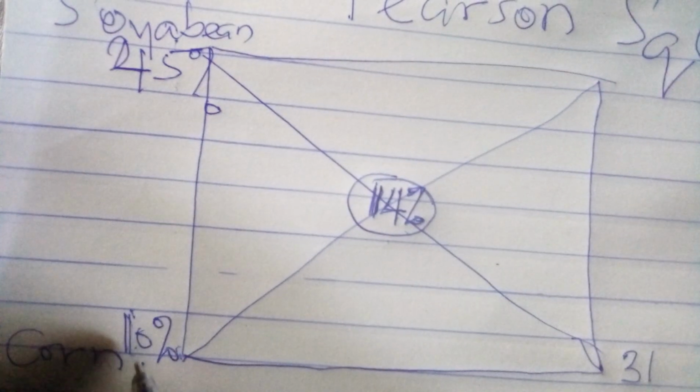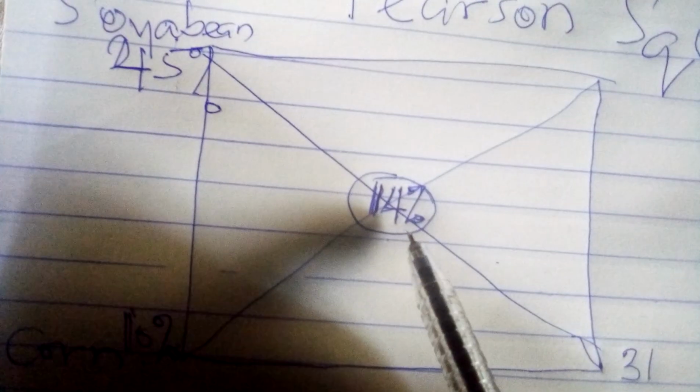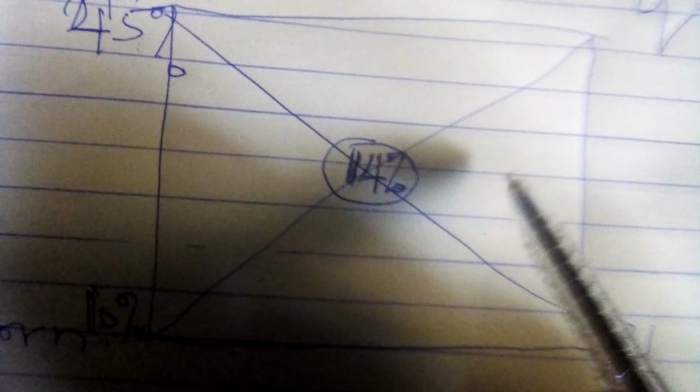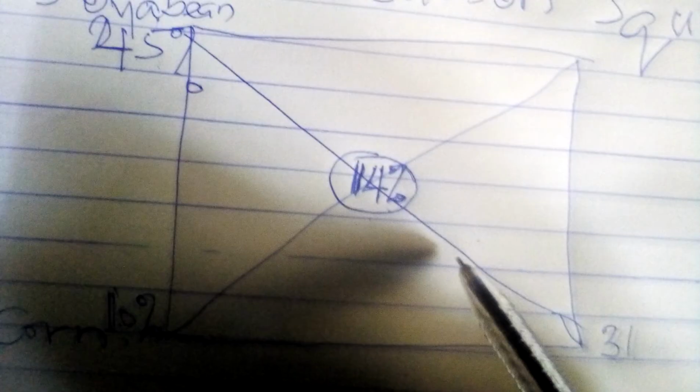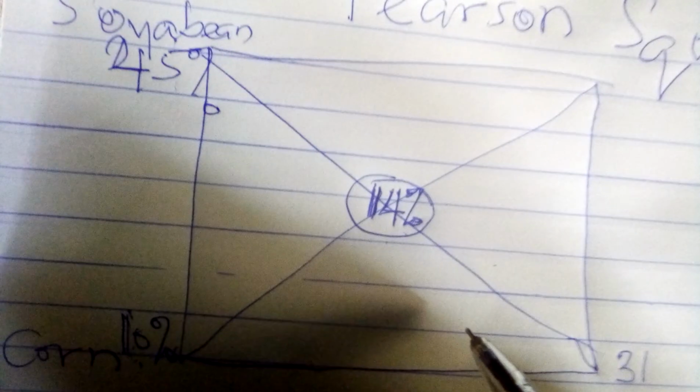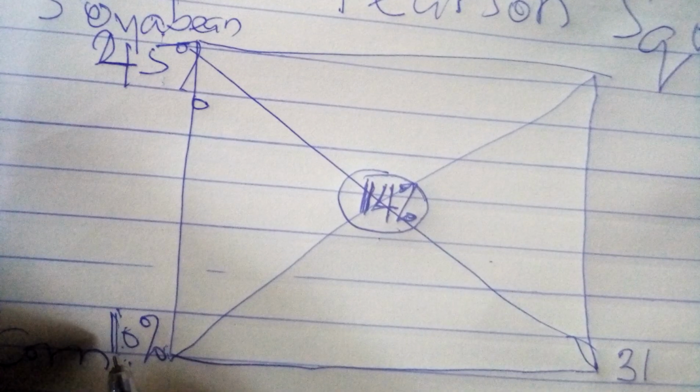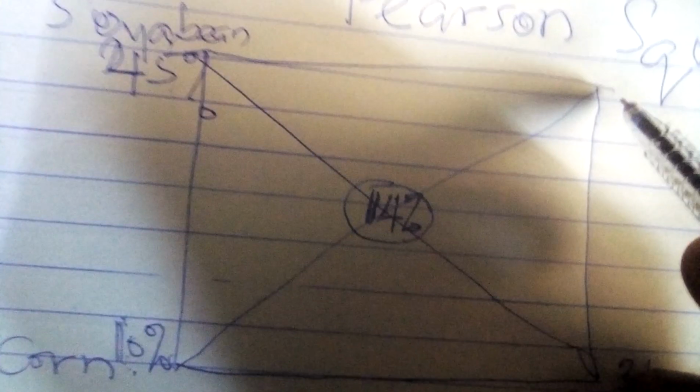Normally in mathematics, 10 minus 14 will give you minus 4. But in this Pearson square calculation, you don't write negative.